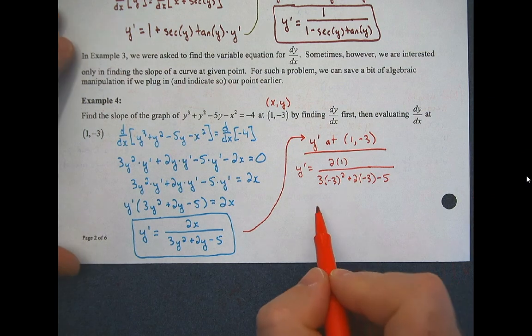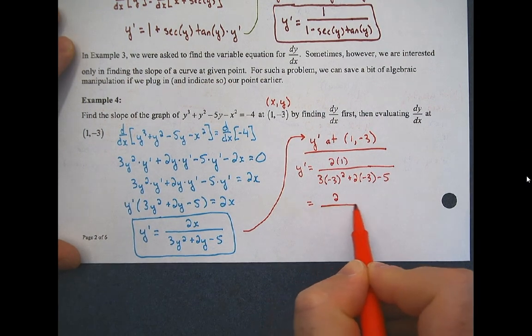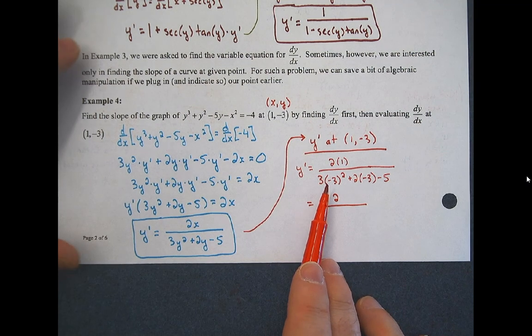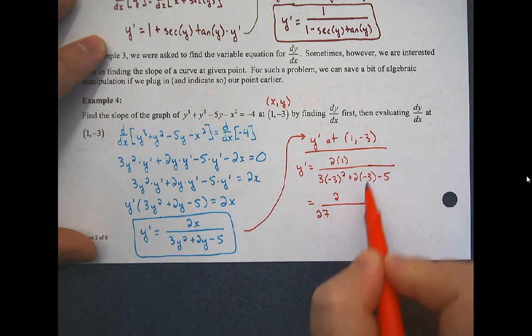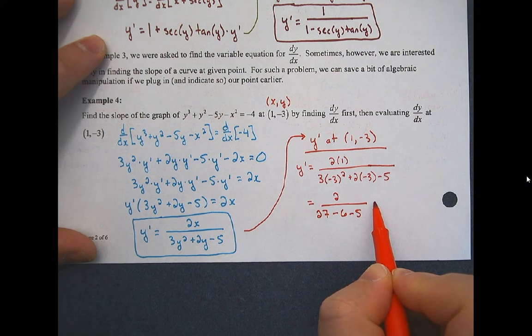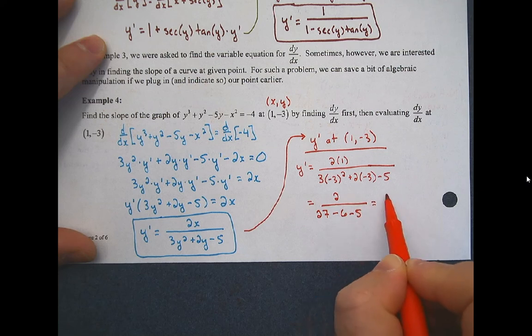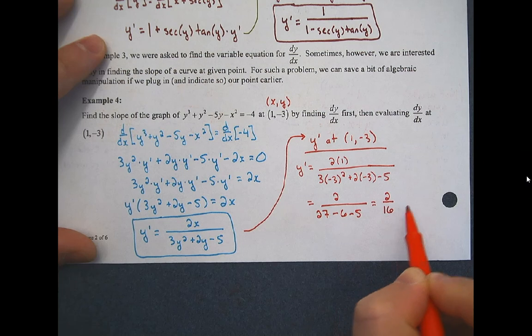All right, let's see if we can figure this out. 2 times 1, that part's easy. This is where it's going to be a pain. So that's 9 times 3 is 27, minus 6 minus 5 ends up being 2 over, that's 11, so 16. 2 over 16 ends up being 1/8.